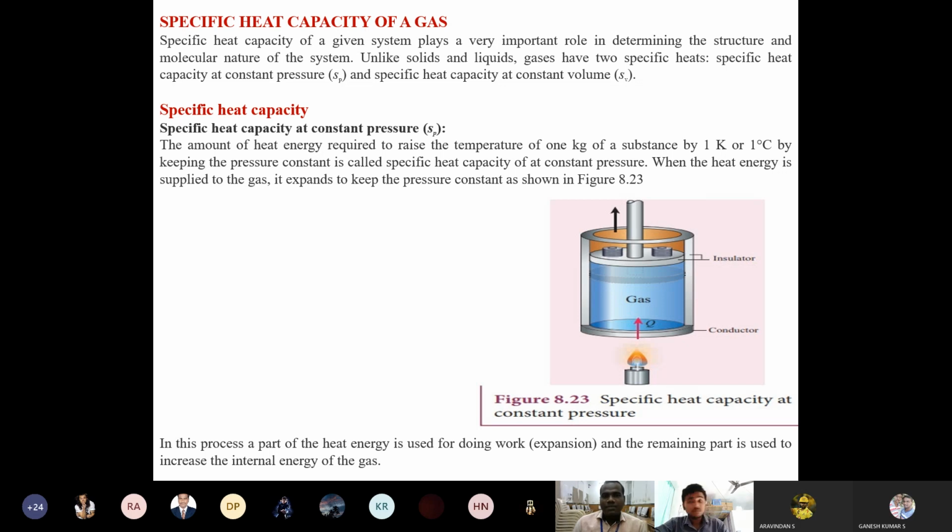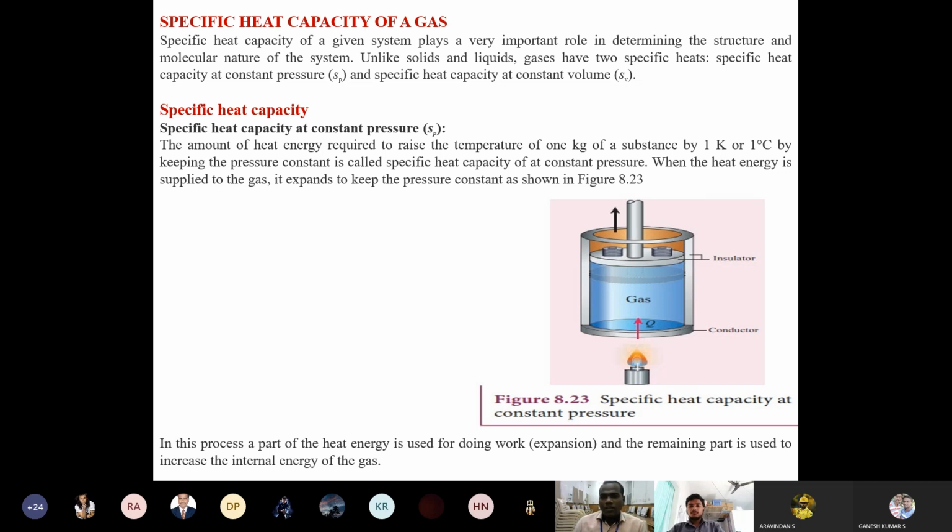The specific heat capacity of a given system plays a very important role in determining the structure and molecular nature of the system. So we are discussing the system, and we want to know what is specific heat capacity. Unlike solids and liquids, gases have two specific heats: the specific heat capacity at constant pressure and the specific heat capacity at constant volume.